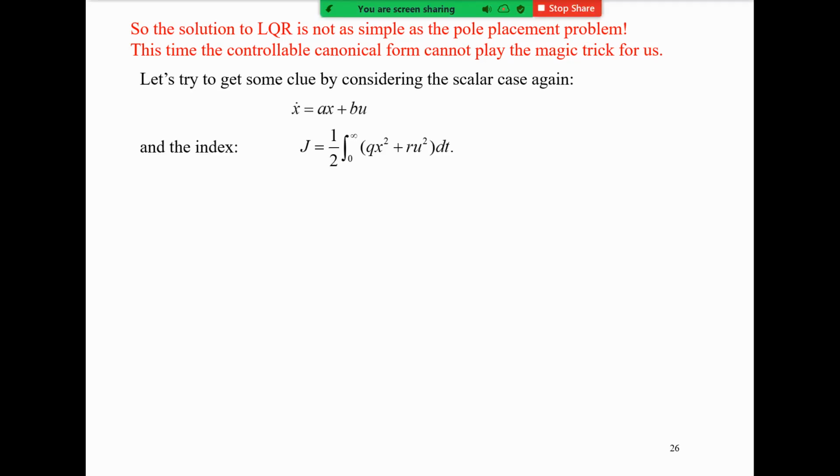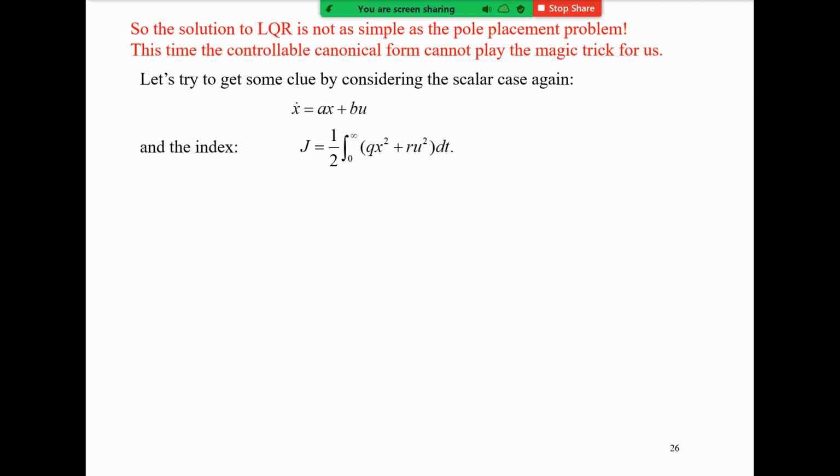Well, but how do we get the solution for some minimization problem? Computing the derivative, that's the most commonly used technique we have learned in calculus. But that doesn't work, right? So we have to try to find out the solution from another perspective, okay?